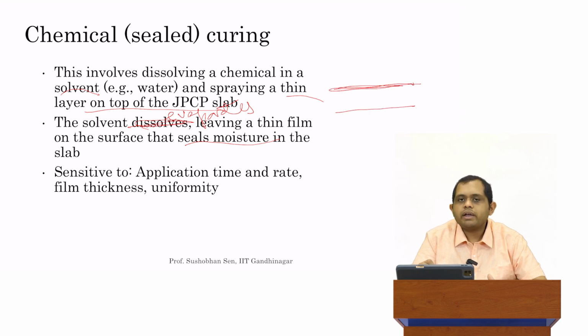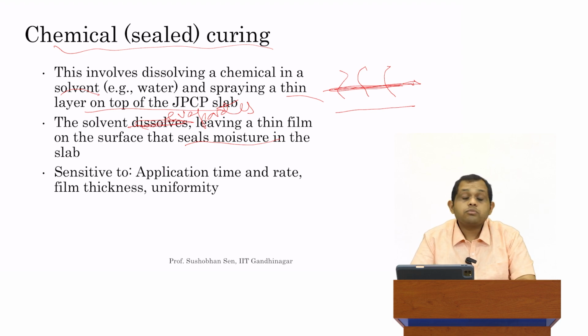It should not allow any amount of moisture to get out of the surface. So it seals in the moisture in the slab. That's also why chemical curing is called sealing. So it guarantees that the surface is basically never exposed to the ambient environment, and so no moisture is able to go out and establish these sharp moisture gradients. That's how we reduce shrinkage.